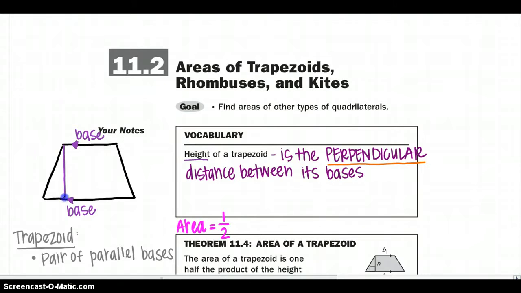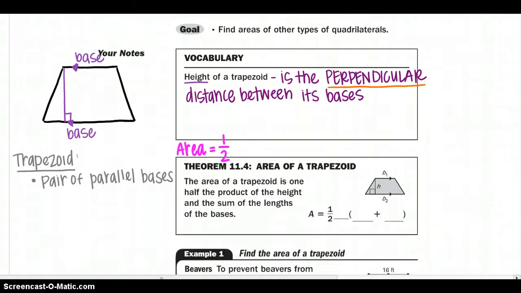So again, remember, the perpendicular distance is the shortest distance. So that's what we're going to use when we look at area. We also have the two sides of our trapezoid, but since it's not perpendicular, we're not going to use that. So we don't necessarily have to have that distance. So that's the two things we're going to look at to find the area.